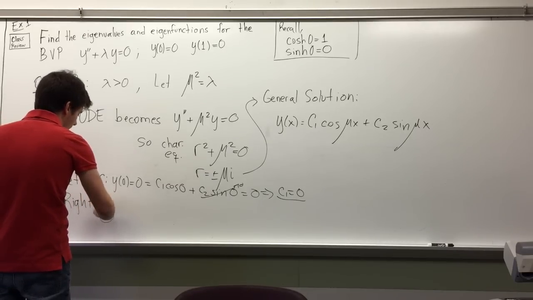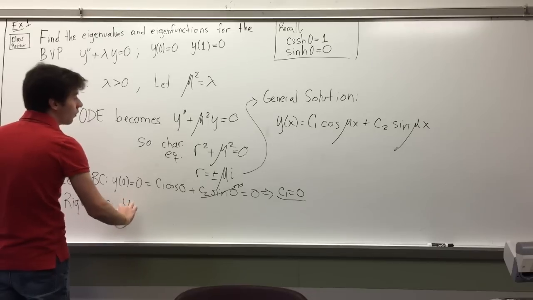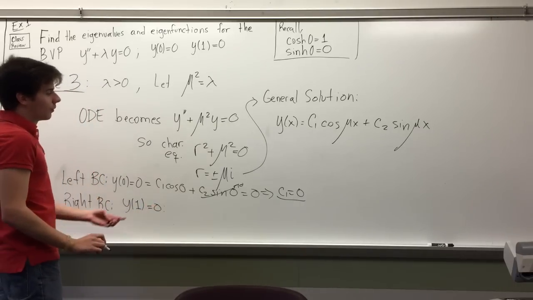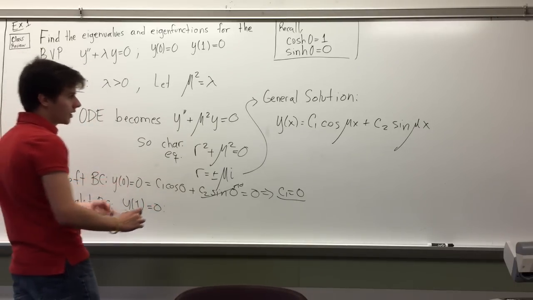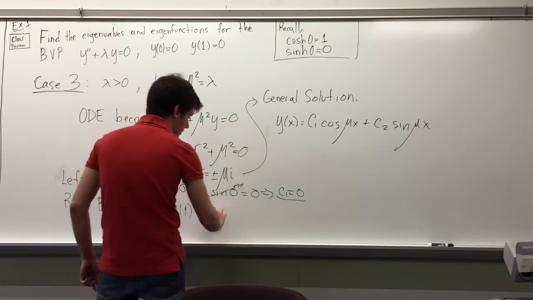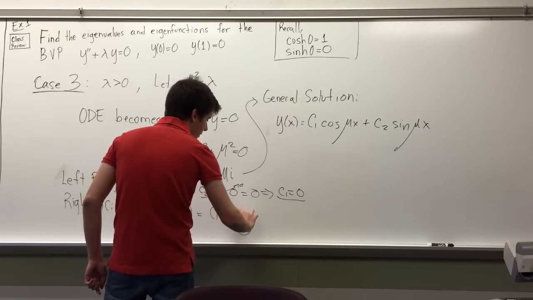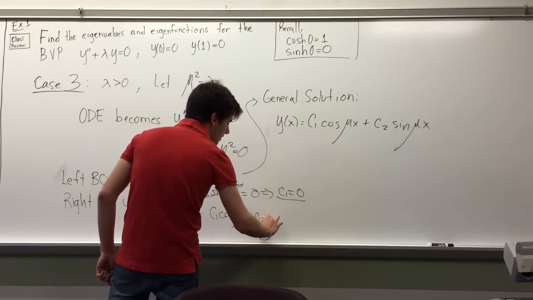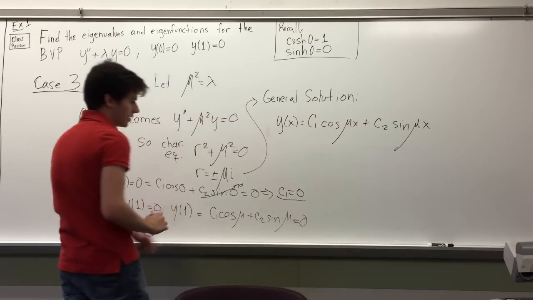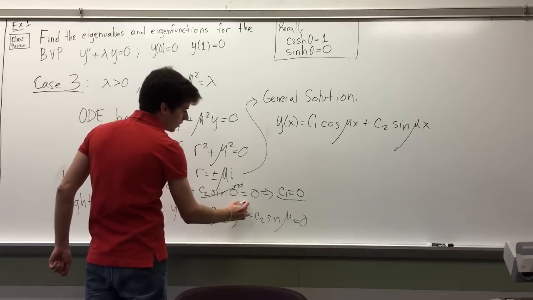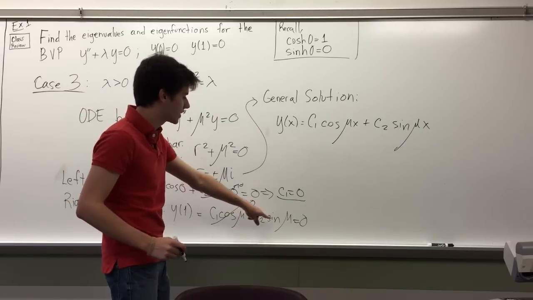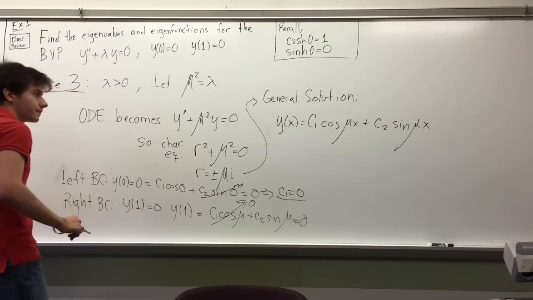Let's consider our right boundary condition, y of 1 is equal to 0. If we plug in y equal to 1, we're going to get c1 cosine of mu plus c2 sine of mu is equal to 0. Since we know c1 is equal to 0, this term vanishes, and we're left with this expression: c2 sine of mu is equal to 0.